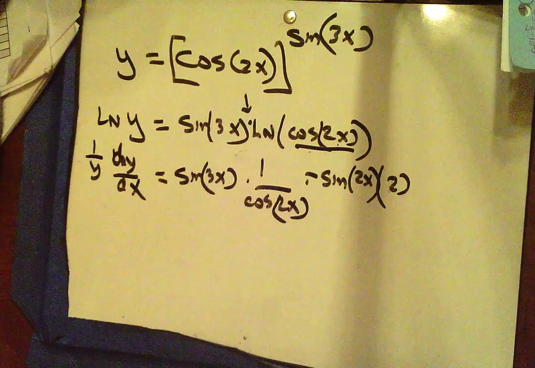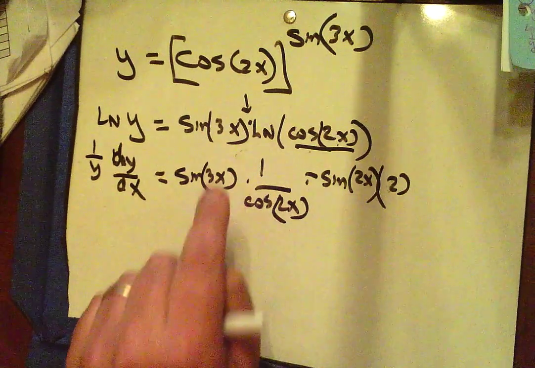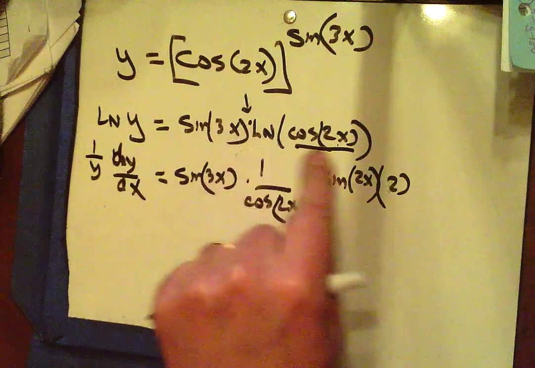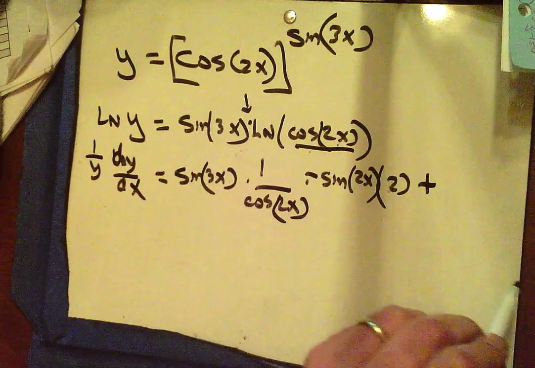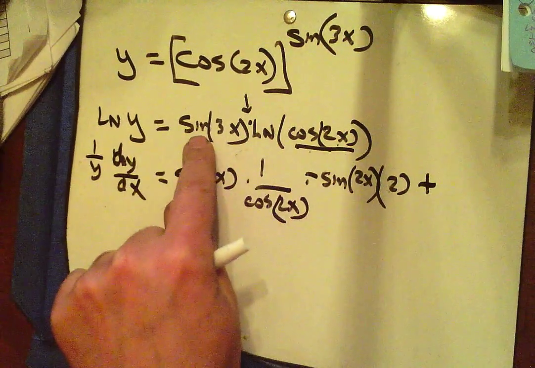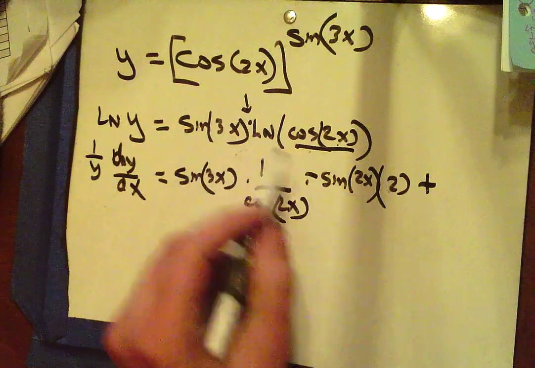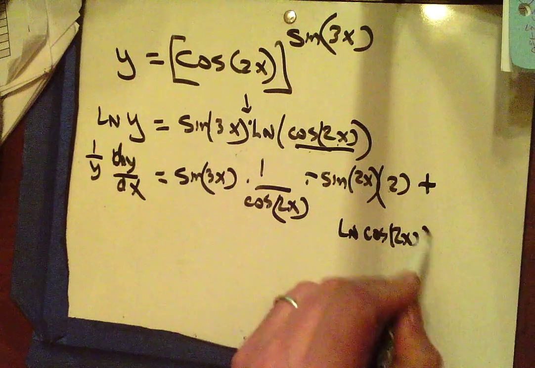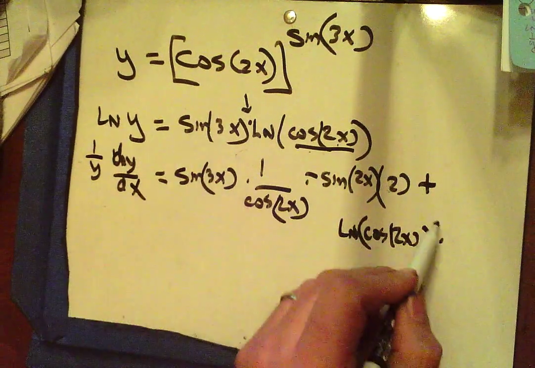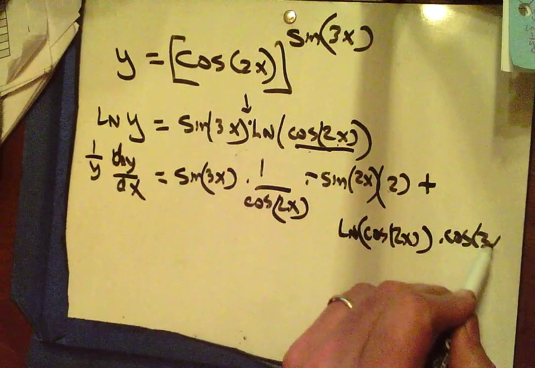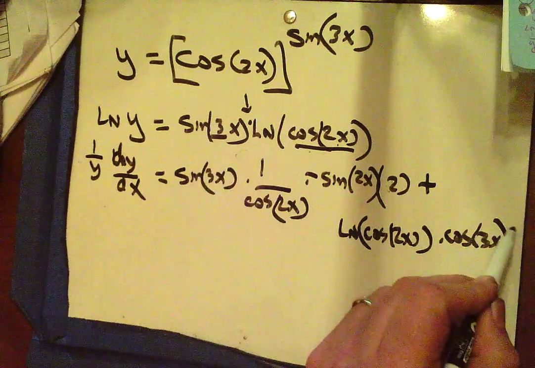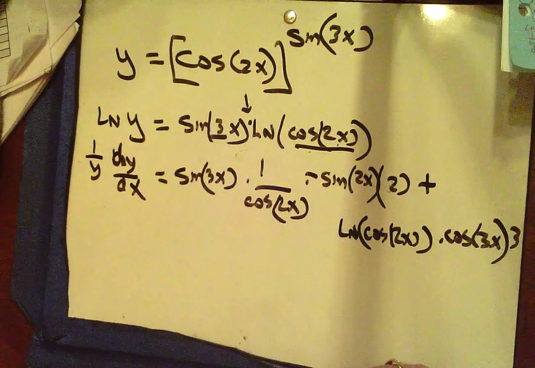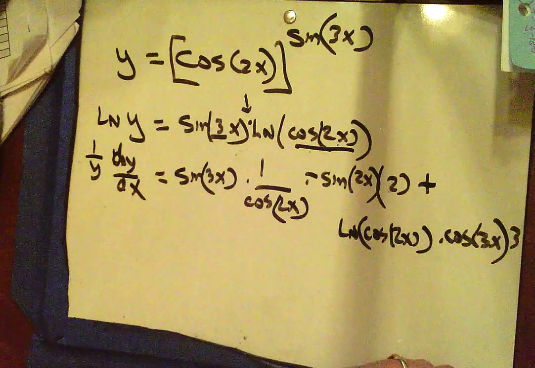Phew! But not done, because that was just this times the derivative of that. Now we need this times the derivative of that. So we're going to have ln cosine 2x times the derivative of that, which is cosine 3x, times the derivative of the inside 3. Wow, that's a lot of stuff.